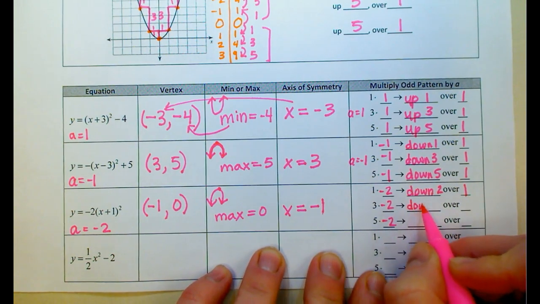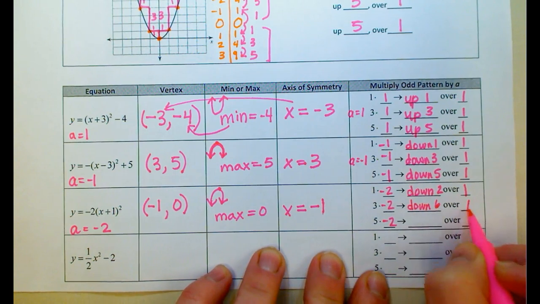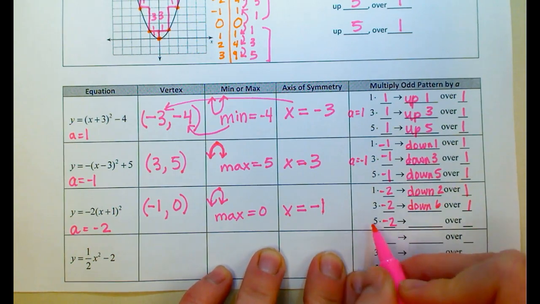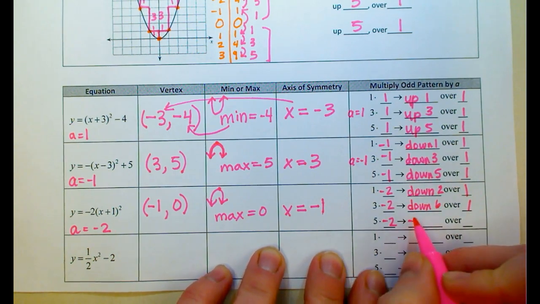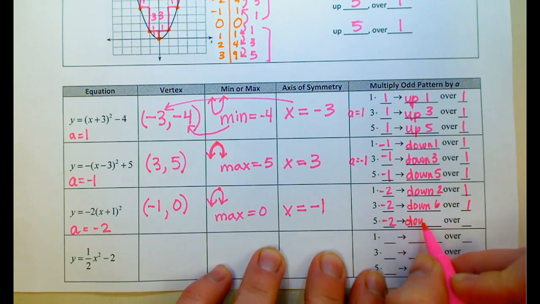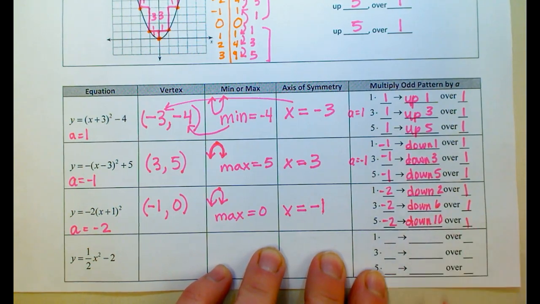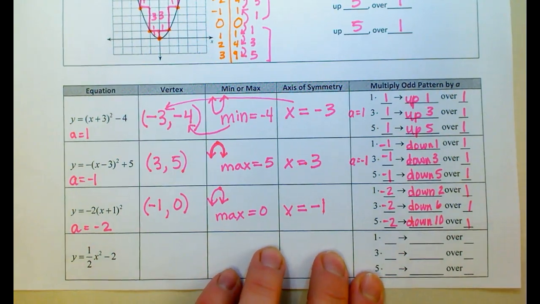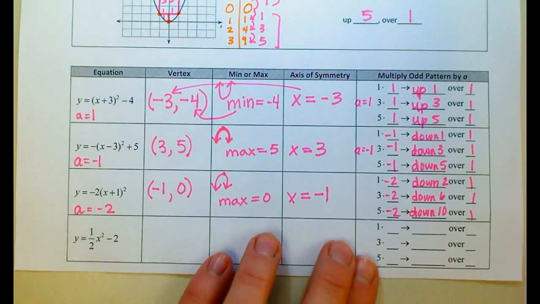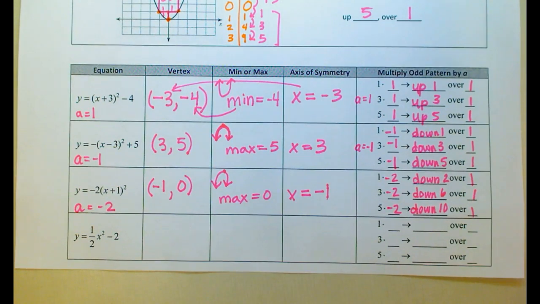So next I will go down 6 over 1. And the last one, 5 times -2 is -10, so I'm going to go down 10 over 1. Notice my over is always going to be over 1 because I'm still moving my x value just over 1 spot, but the y value changes depending on my a.